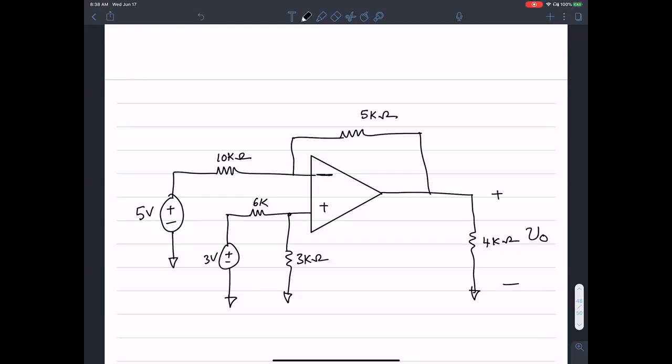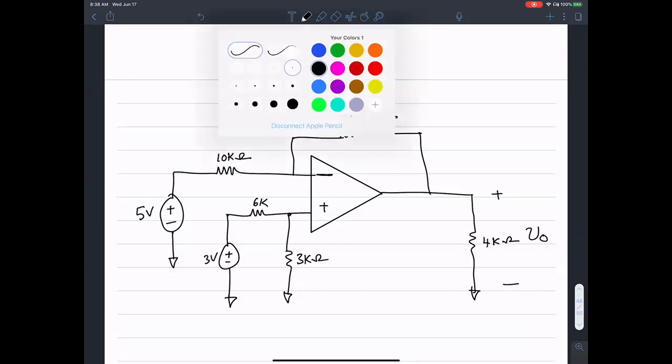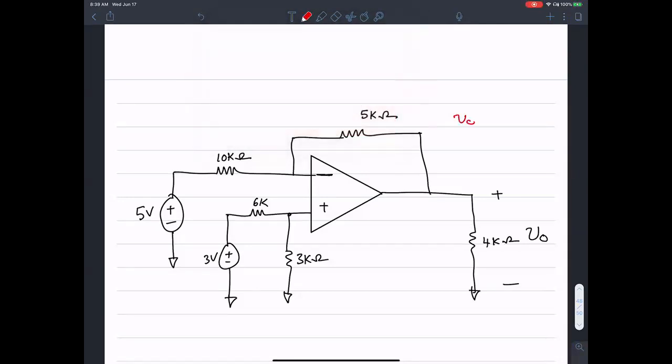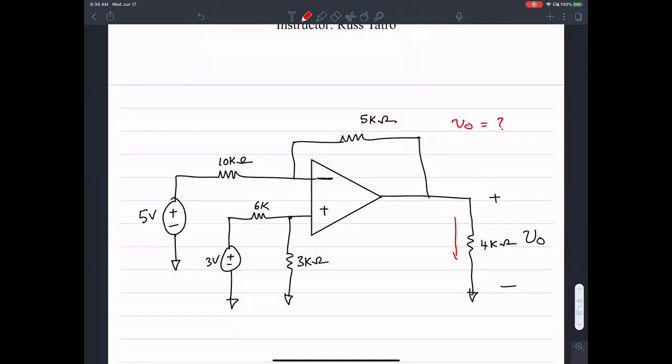What we want to find in this problem is VO, the output voltage. What's that value? And once we have that value, I should be able to express IL.